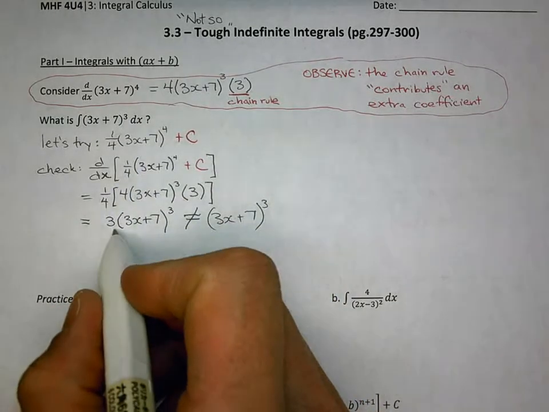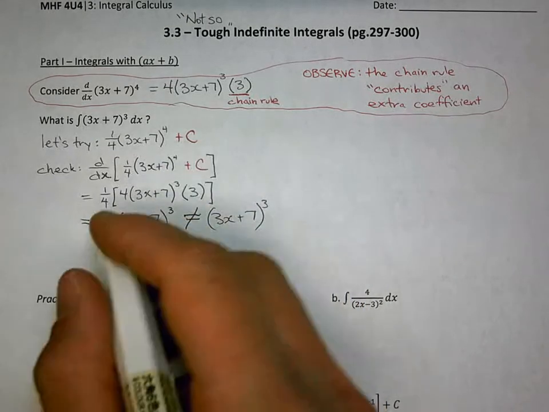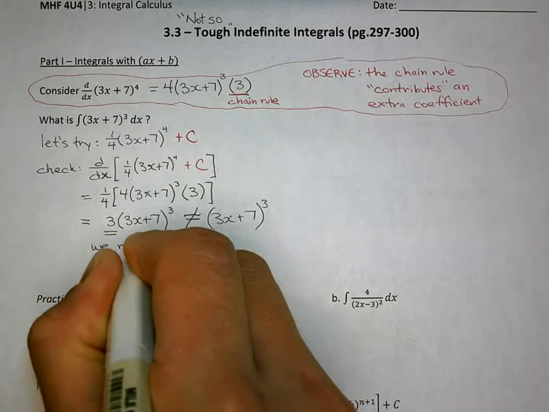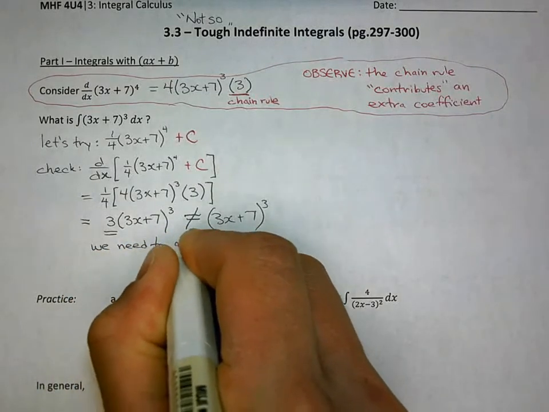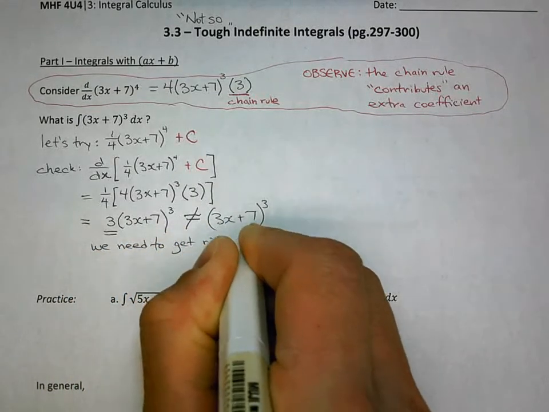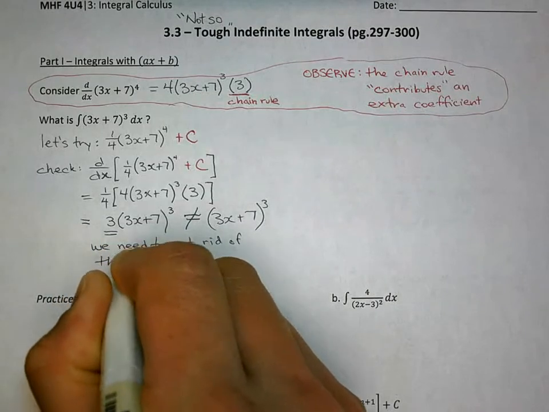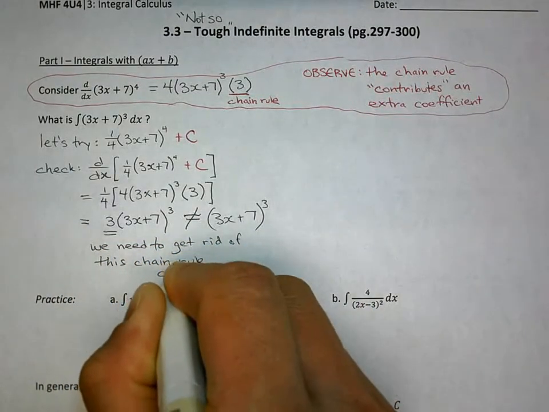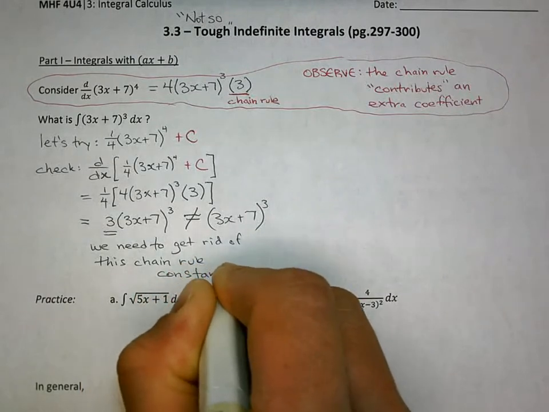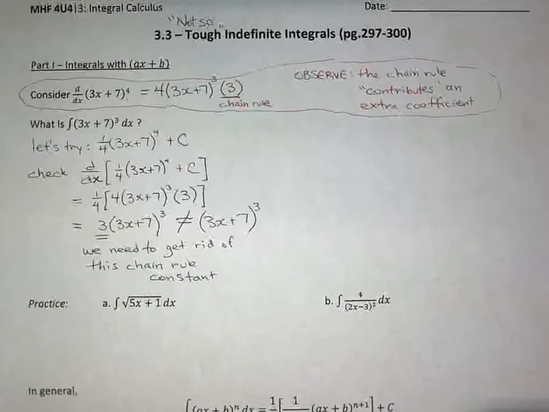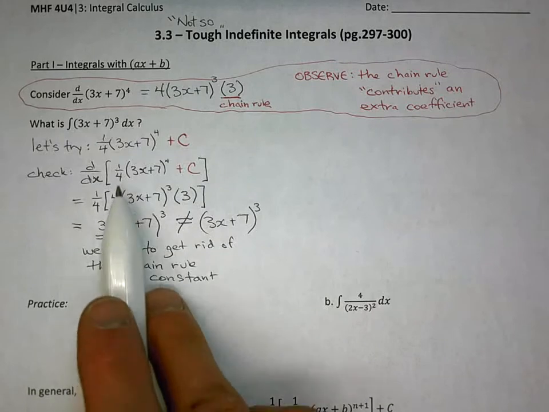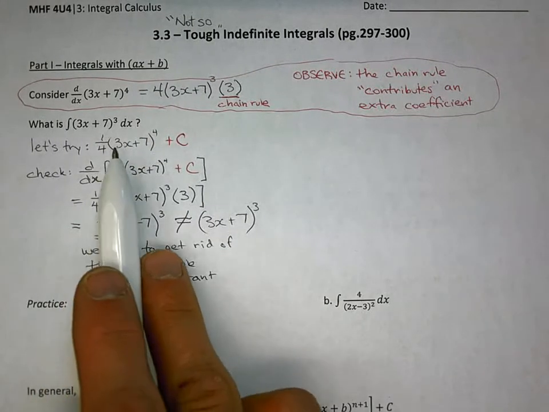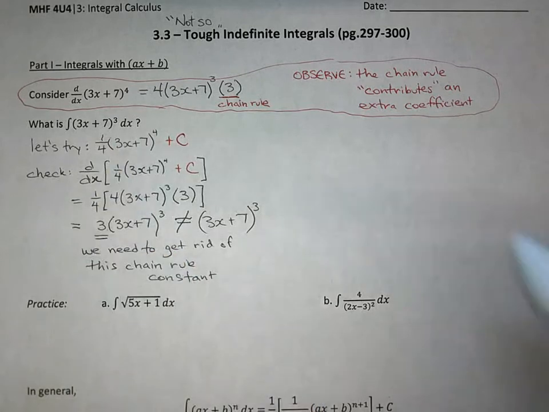Where does it come from again? It comes from the chain rule. So we need to get rid of this chain rule constant. Whatever answer I got here, to get rid of the 3, I would also need to divide by 3. So let's try that answer.